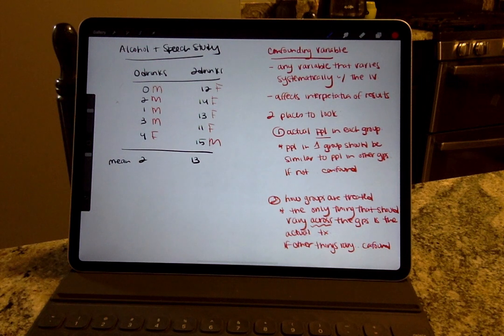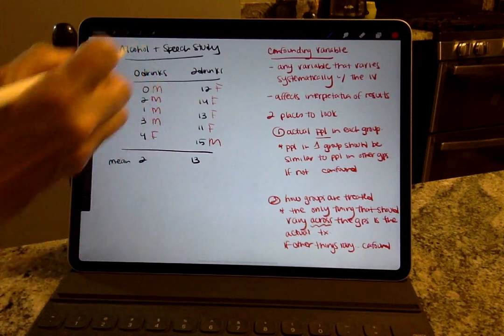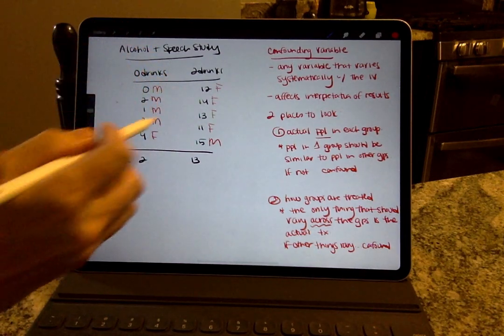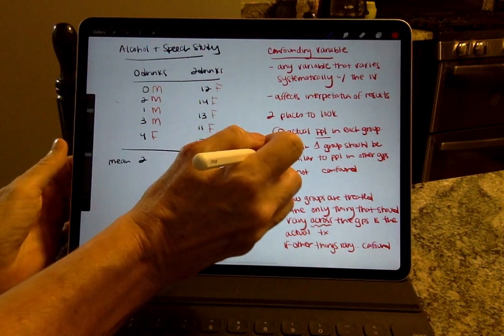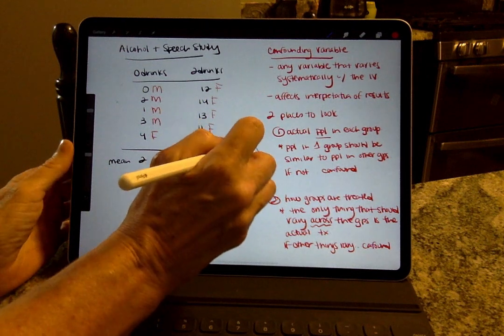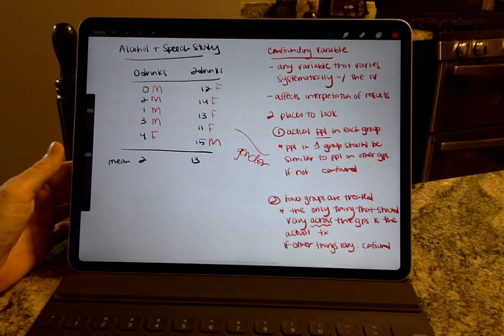Now, if you think gender is something that might affect how people process alcohol, which I think it does, then what you have here is a confound, because the people in this group are predominantly males and the people in this group are predominantly females. So in this case, our confound is gender.